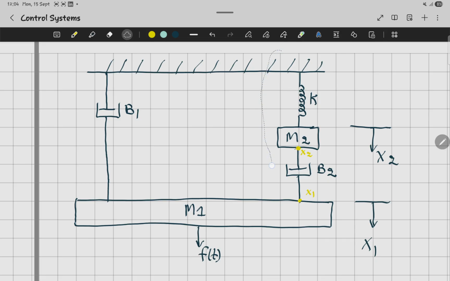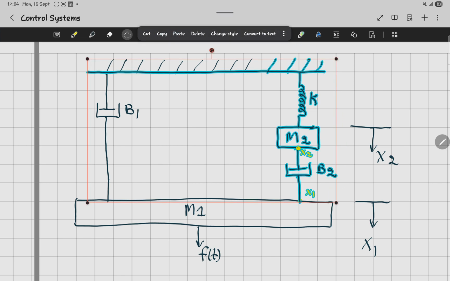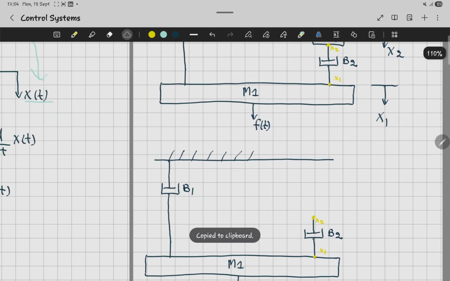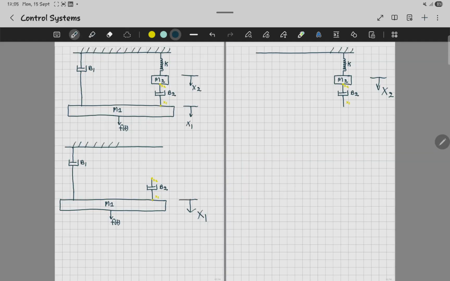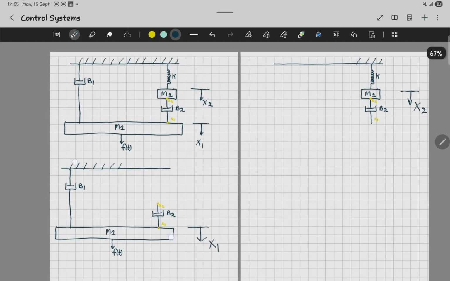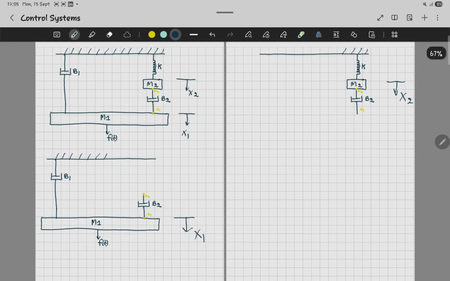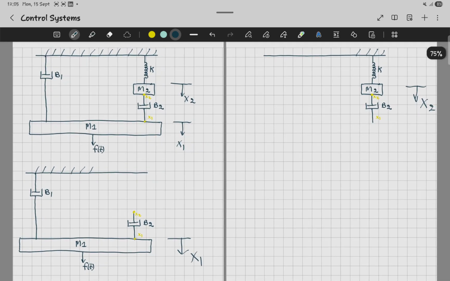So this is for mass 2, connected to mass 2 from the top to the bottom. So this is what you're going to get. We just separate them so you can see what is connected to the mass and what is not connected to the mass. Each mass with the component connected to it.